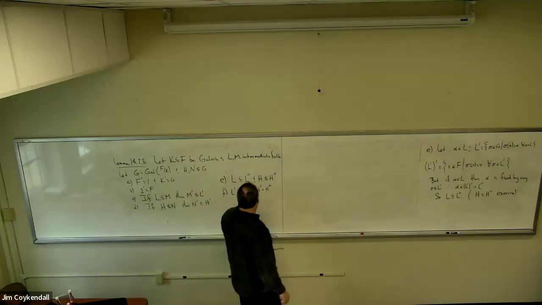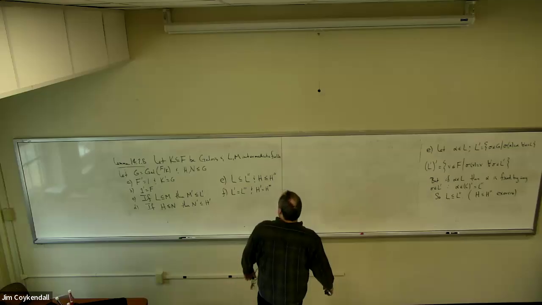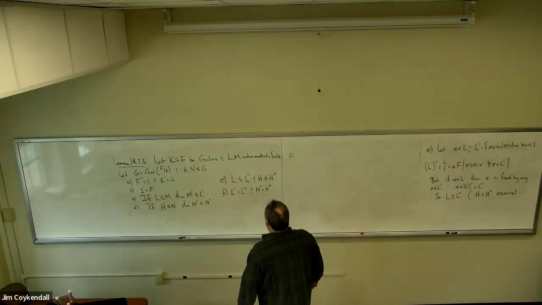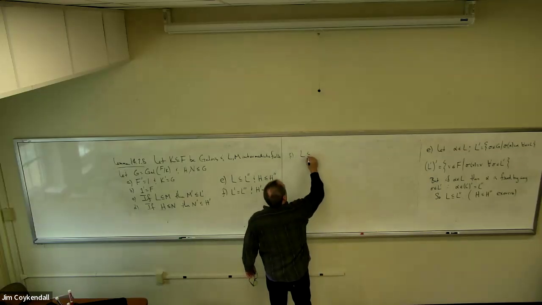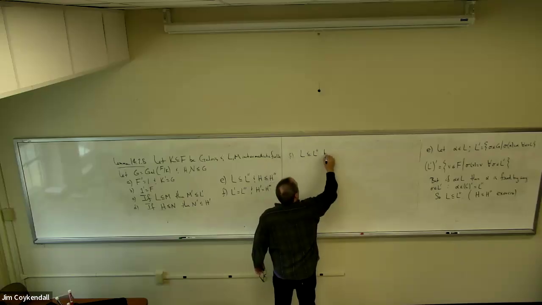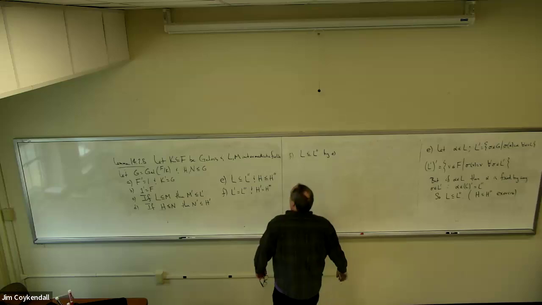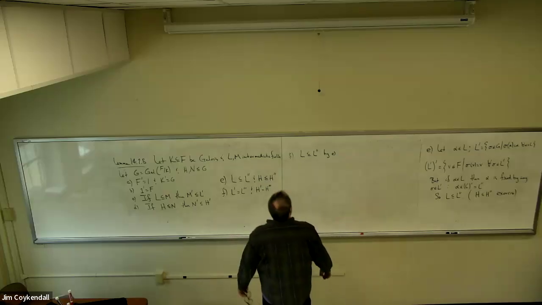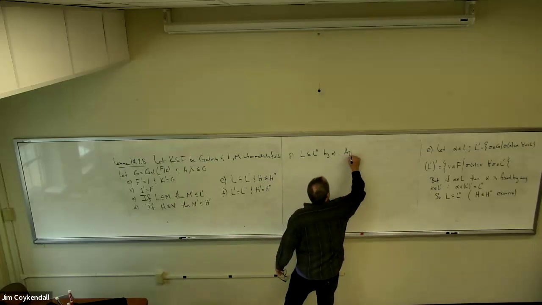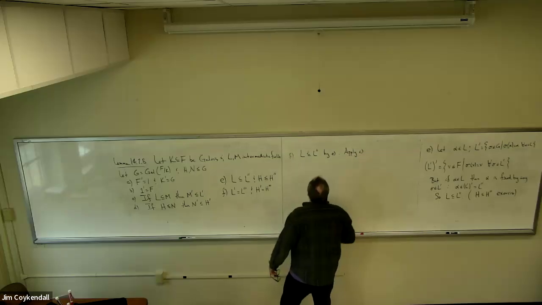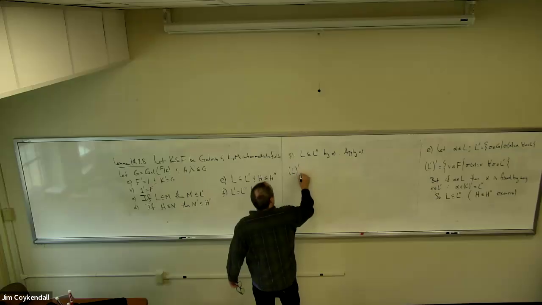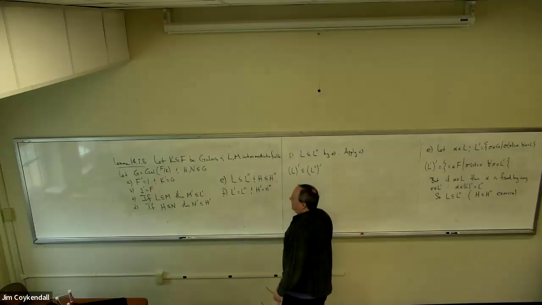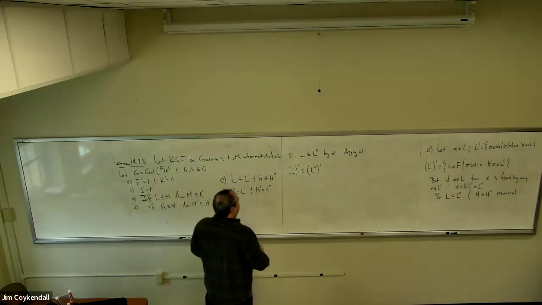So let's see. I want to show that L is equal to L triple prime, right? So let me point out that L is contained in L double prime by part E. So I will apply, and let's see, what is L? L is a field, so I'll apply C. Whoops, no, it doesn't.